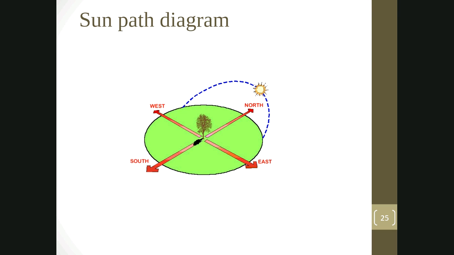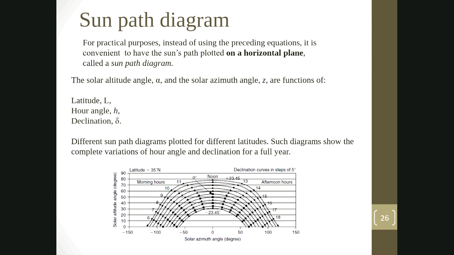Now we already talked about the two important angles, as we said, the solar altitude and the solar azimuth. Usually, using equations to find the solar azimuth and altitude is not practical. To make it more practical, we have what we call the sun path diagram. So what is the sun path diagram? We know that the altitude and the azimuth are functions of three main things: the latitude, the hour angle, and the declination.